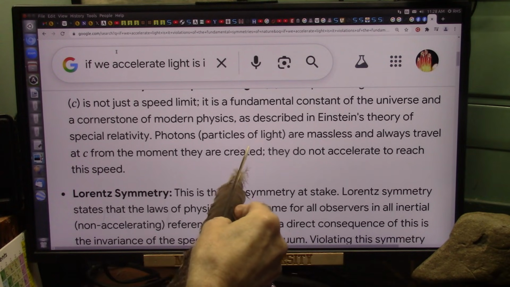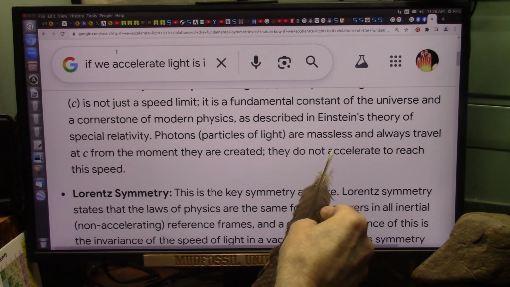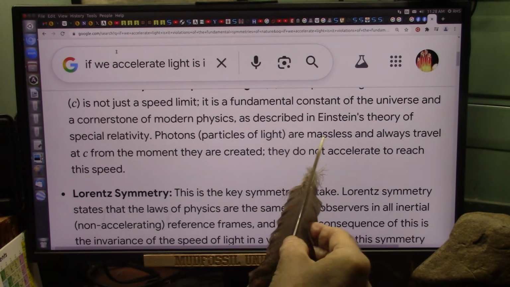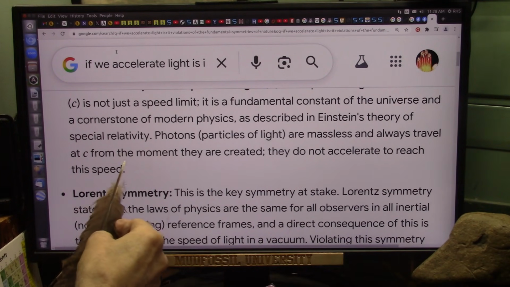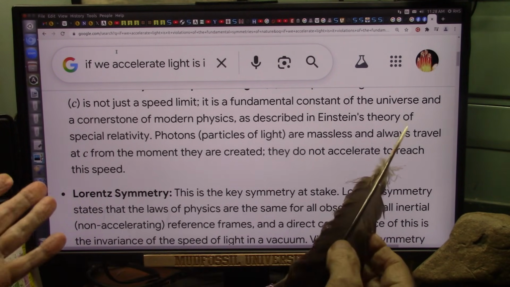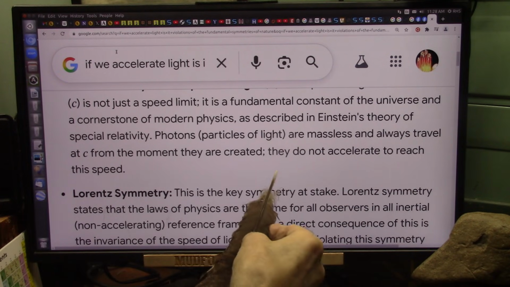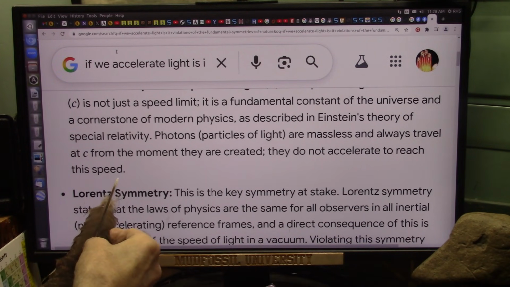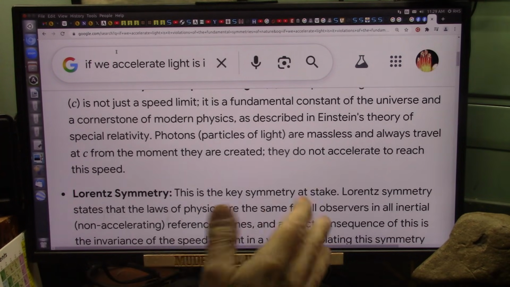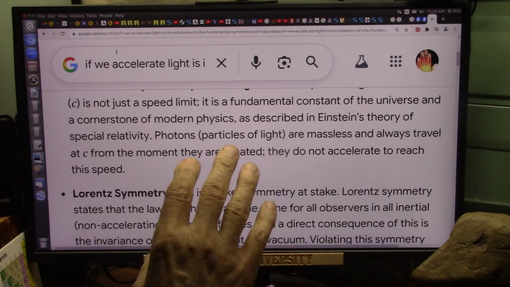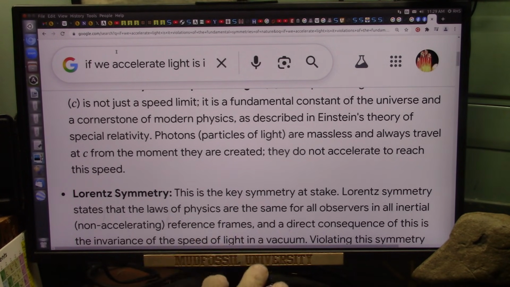Photons, which are particles of light, are massless. Have no mass. That's incorrect. And always travel at c from the moment they are created. Created from what? They do not accelerate to reach this speed. No, that's not necessary. That's a touchy point.